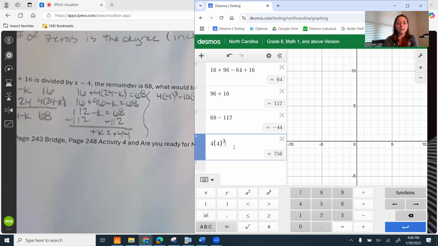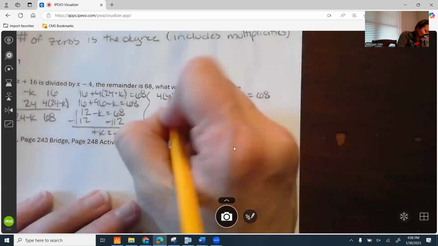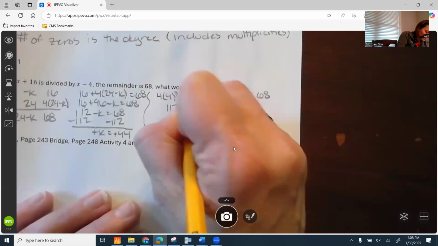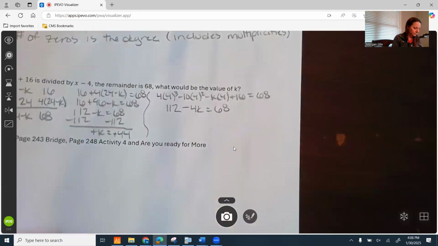Minus 10 times 4 squared. Now that negative k times 4, I'm not plugging in, I'm just doing all my constants, plus 16. That equals 112. So all my constants equal 112. The only thing that wasn't a constant was this minus 4k, equals 68.